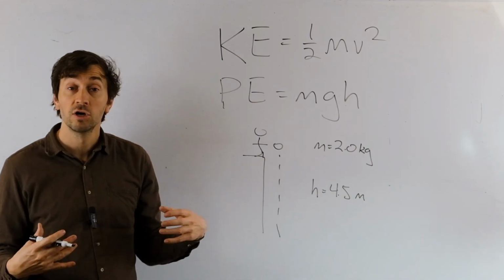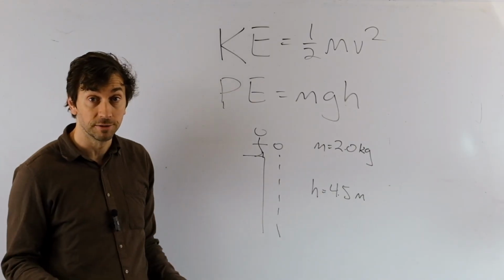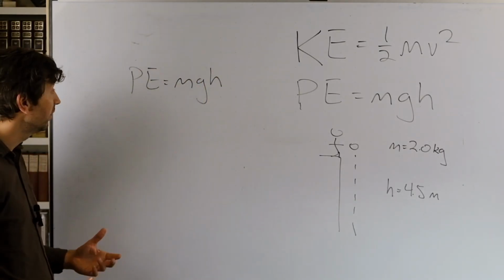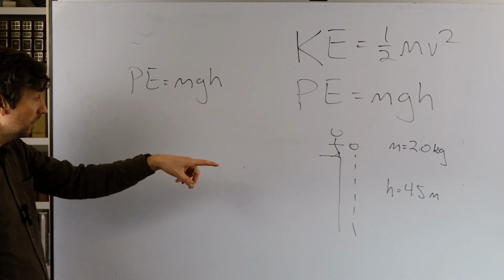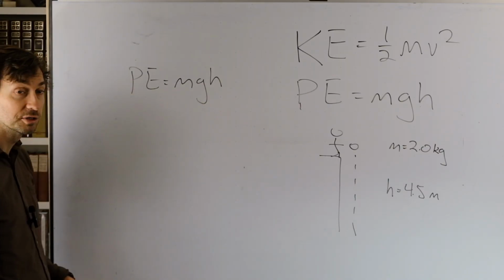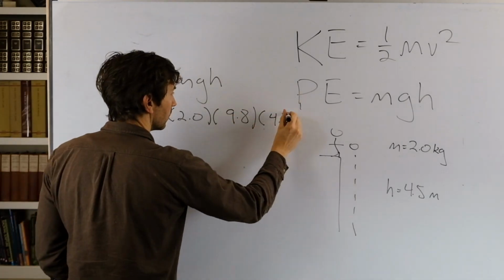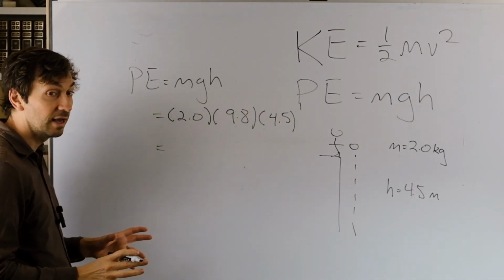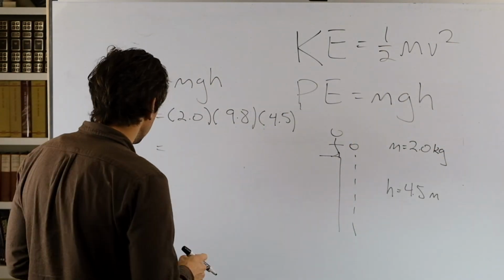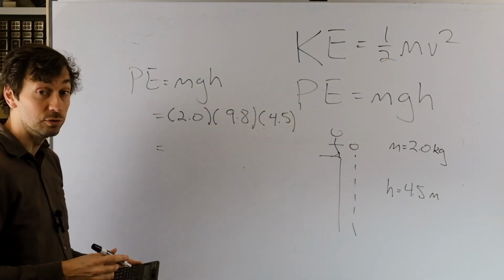So it right now has potential energy. To calculate the amount of potential energy, we plug the numbers into the equation, mgh. And I calculate this. I get 88.2 joules.